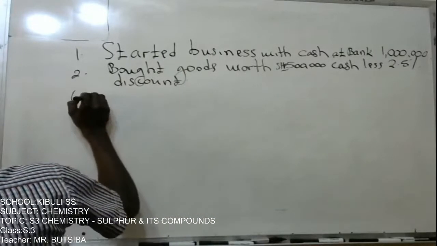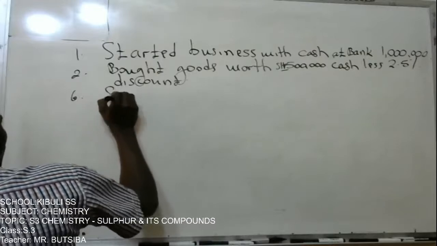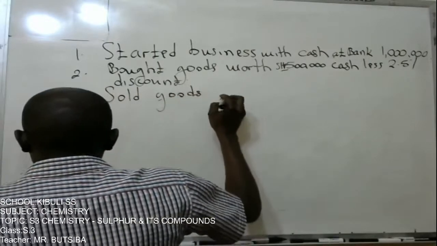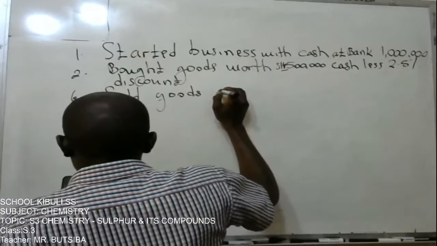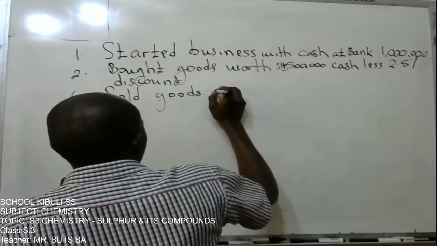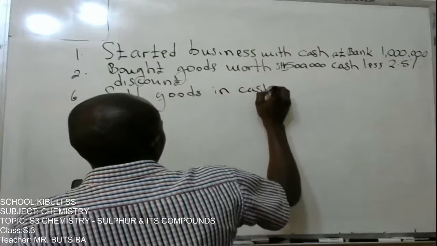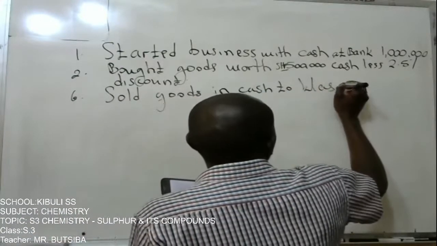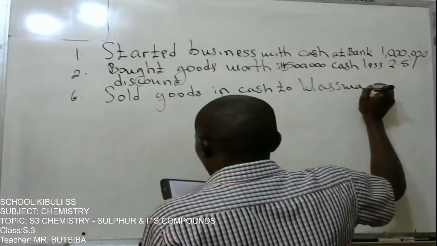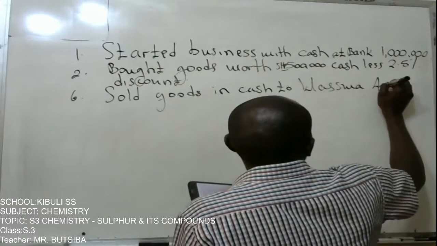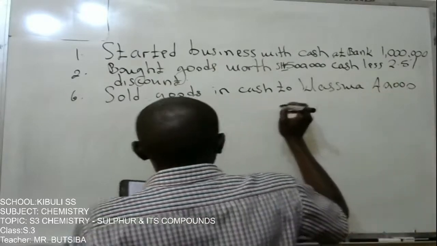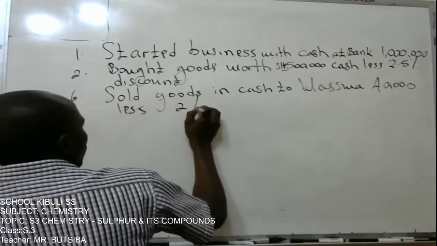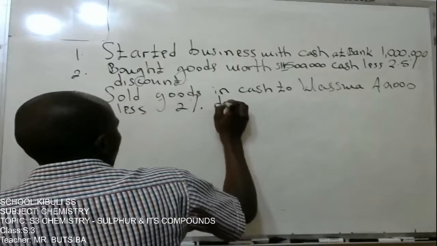Then on sixth, it says sold goods in cash to Waswa, 40,000, less 2% discount.